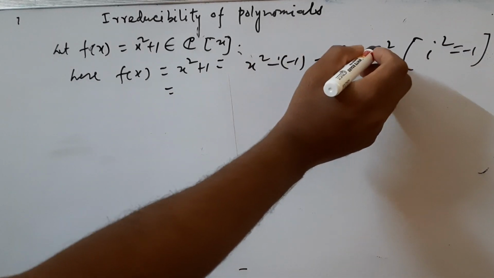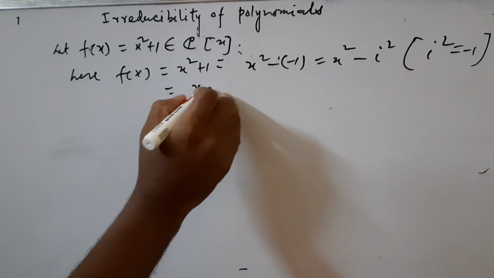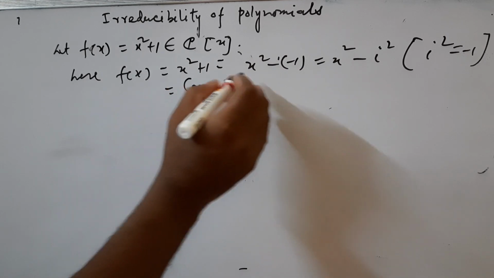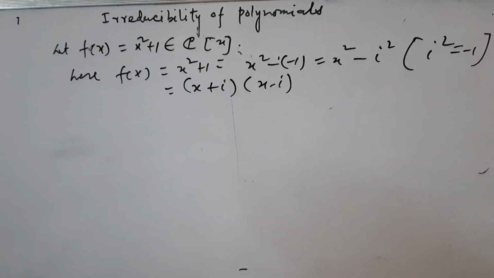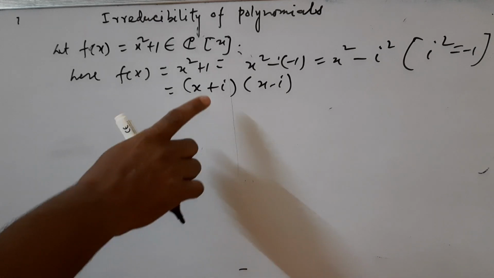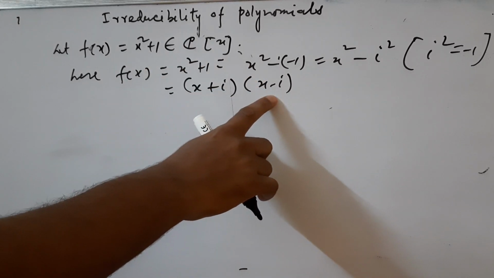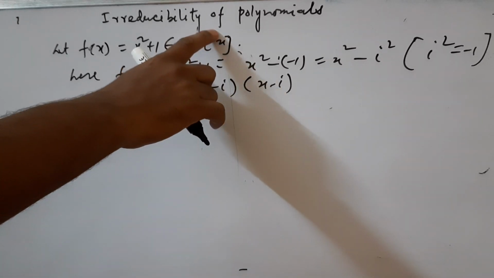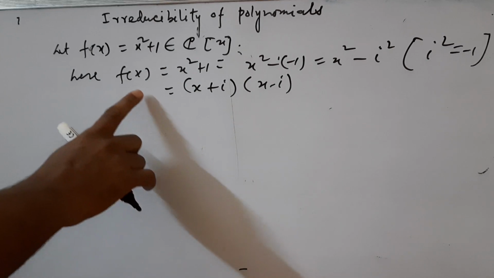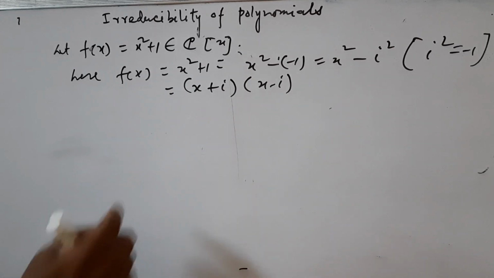And now using the formula a square minus b square, it will be (x plus i) times (x minus i). This polynomial is in C[x], this polynomial is also in C[x], so f(x) is factorized.